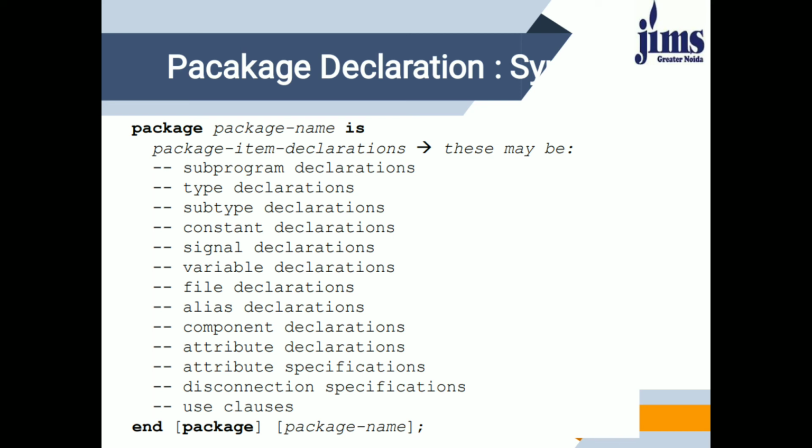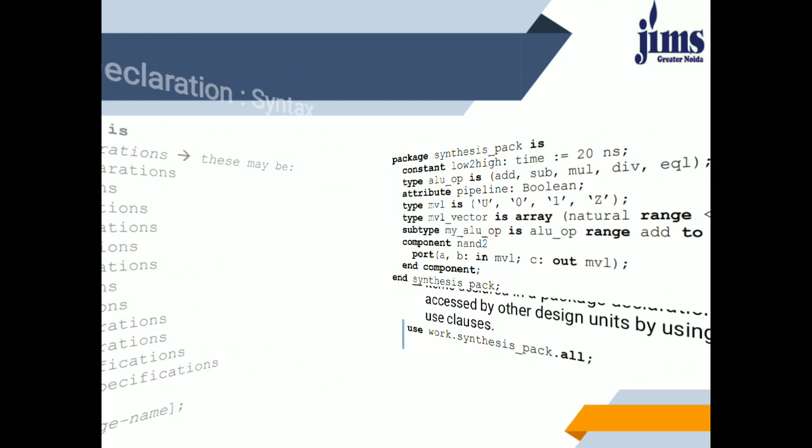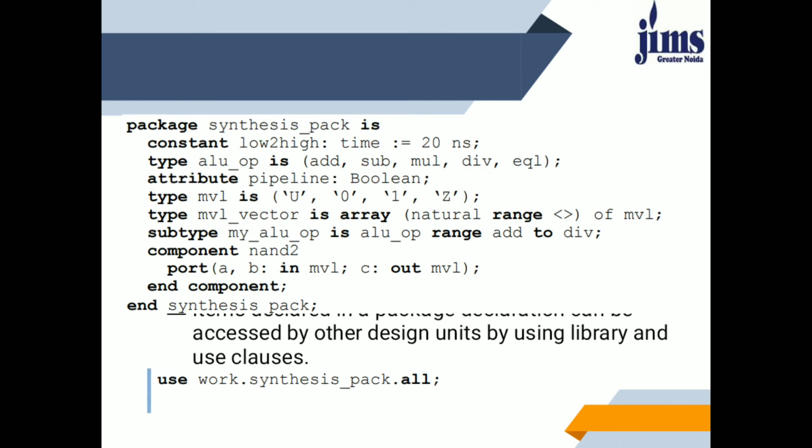These items can be subprogram declaration, type declaration, subtype declaration, constant, signal, variable declaration, file declaration, component, attribute, any type of use clauses. These can be defined in a package. Then we will end this package and write the name of that package. So this way we can define the package.